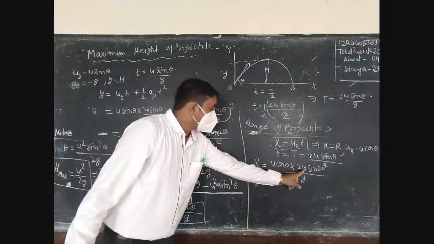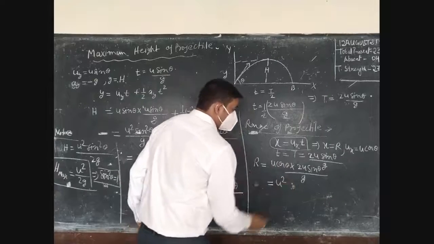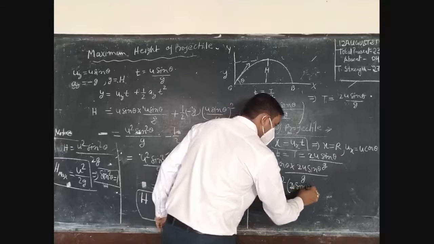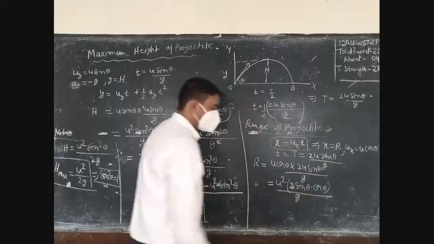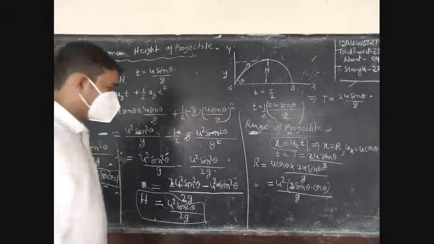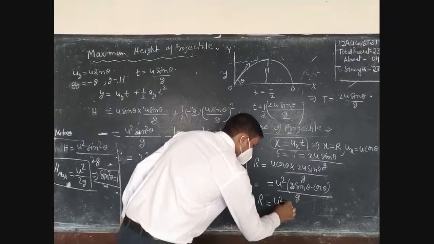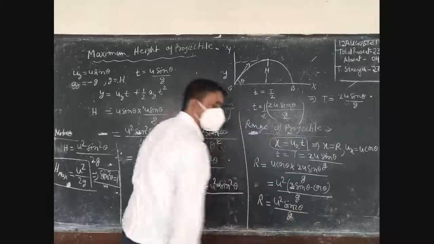Now u into u is u square, and 2 sin theta into cos theta upon g. This is the formula of sin 2 theta. Therefore, this R is equal to u square sin 2 theta upon g.